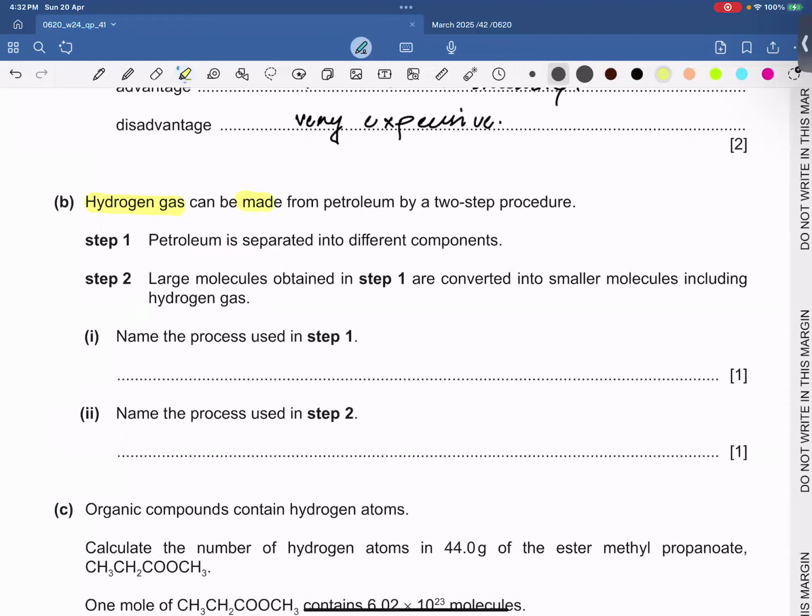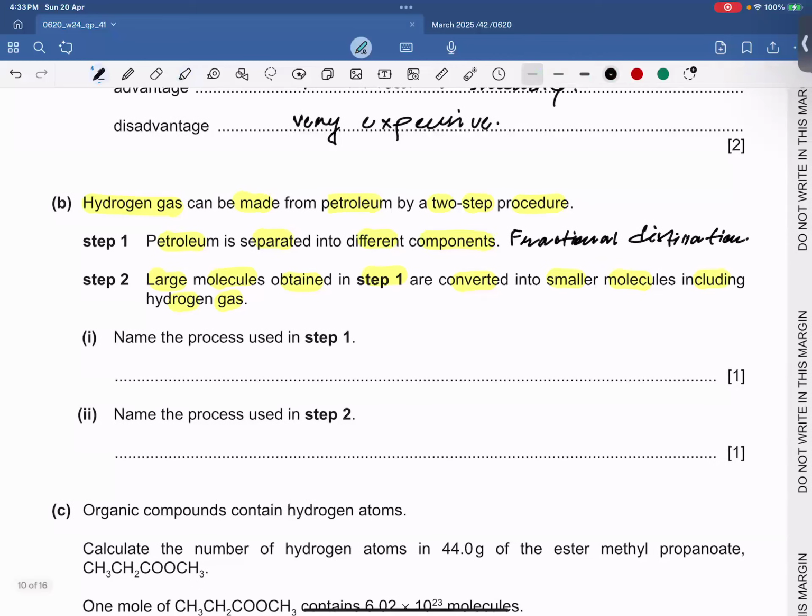Hydrogen gas can be made from petroleum by a two-step procedure. Petroleum is separated into different components. That's called fractional distillation. And large molecules obtained in step 1 are converted into smaller molecules, including hydrogen gas.